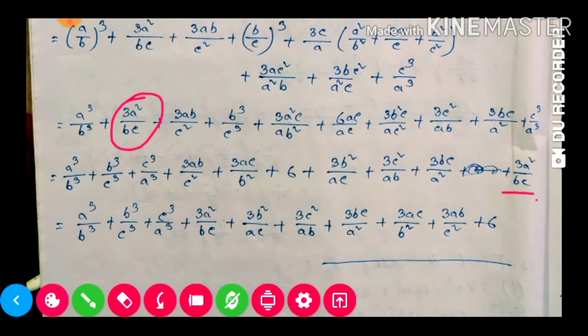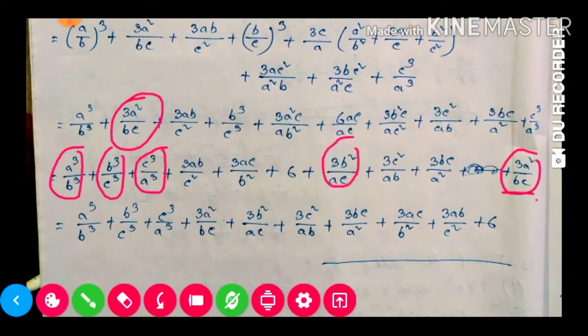Now according to the power we will arrange this one: a cube divided by b cube, then we will write b cube divided by c cube, then c cube divided by a cube, then 3a square divided by bc, then 3b square divided by ac, then 3c square divided by ab, so we have written here.